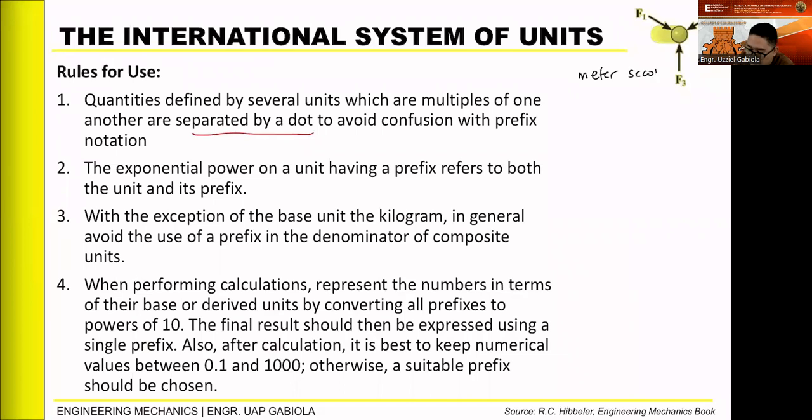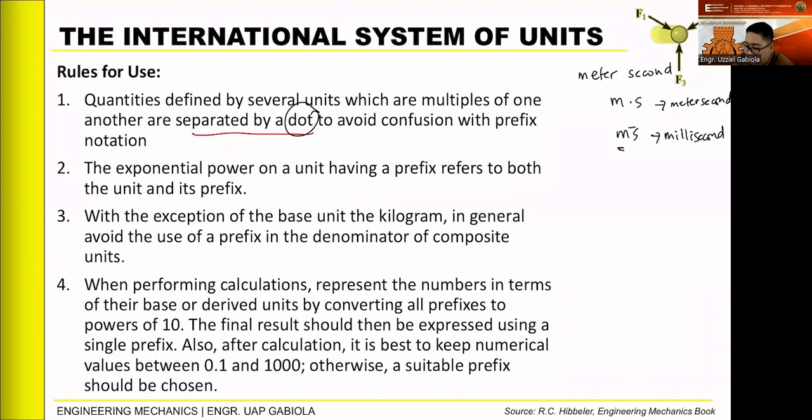Kung meter second ang gusto nating sabihin, dapat ang symbol sa kanya ay m·s at hindi ms. Okay? So, anong kaibahan nito? Ito yung tinatawag nating meter second kasi represented siya by a dot kasi siya ay 2 units, no? And itong isang ito, siya ay may prefix na m, which is millisecond. No? Kaya be careful with that.